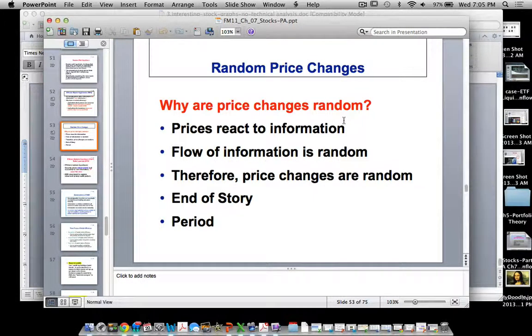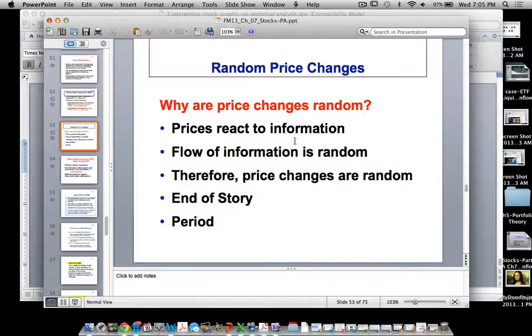Because there's a whole group of people who continuously want to predict prices, since it can obviously be very profitable if you know what the price of what you're investing in is going to be in the future. But prices react to information, by which I mean truly new information, and the flow of truly new information is random.